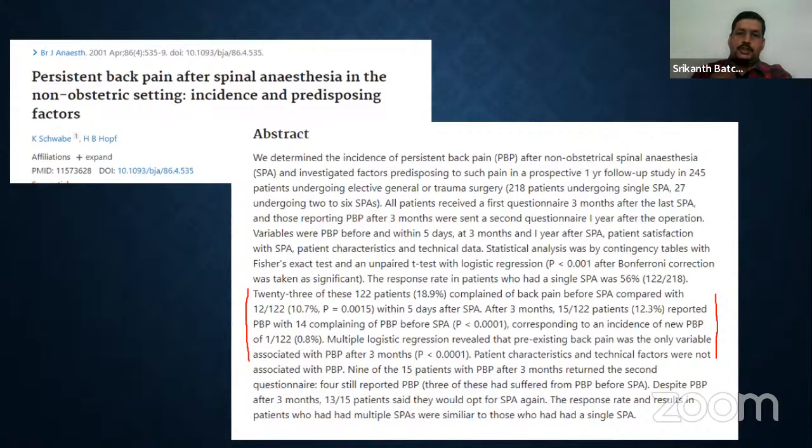Multiple logistic regression revealed that pre-existing back pain was the only variable associated with persistent back pain after 3 months. Patient characteristics and technical factors were not associated with persistent back pain.